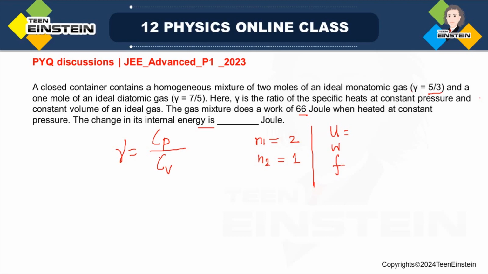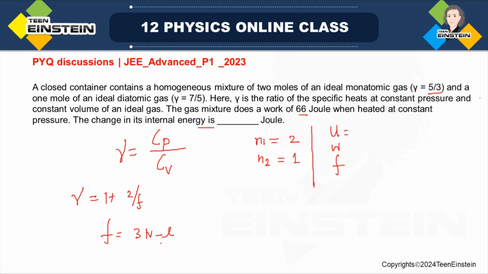Okay, so how do you get F from the gamma of each gas? We know gamma is given as 1 plus 2 by F. So from here we can find out F, the degrees of freedom, or you can directly find it from the relation F equals 3N minus L, where L is the number of constraints.